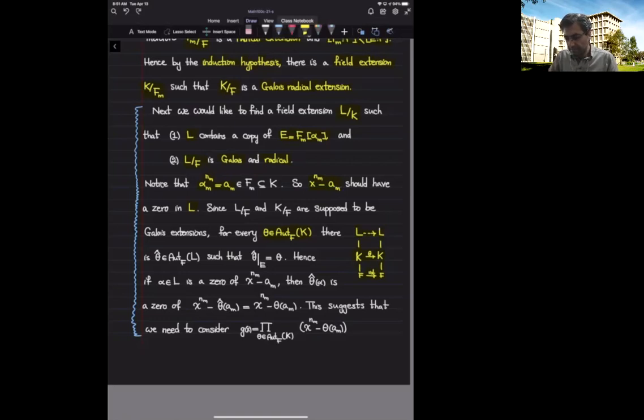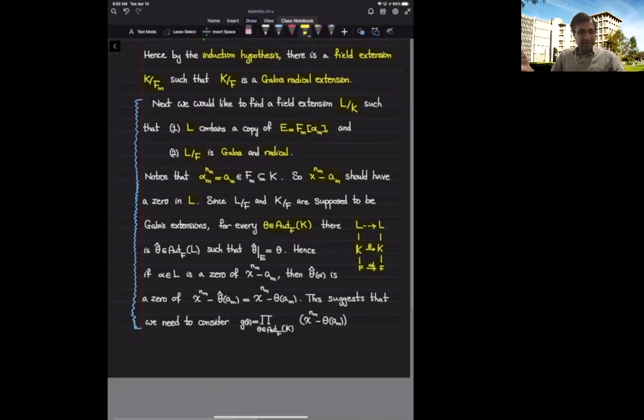We don't know which one of the zeros, so I need to include all the zeros. The next thing that I notice is that because L over F is supposed to be Galois, it needs to have all the extensions of automorphisms of K over F in it. So any automorphism that I give you, I can extend it to an automorphism of L. And now what? I can apply it to this polynomial.